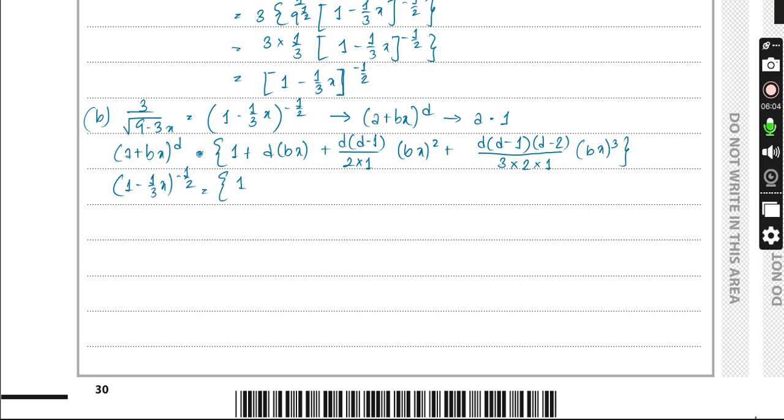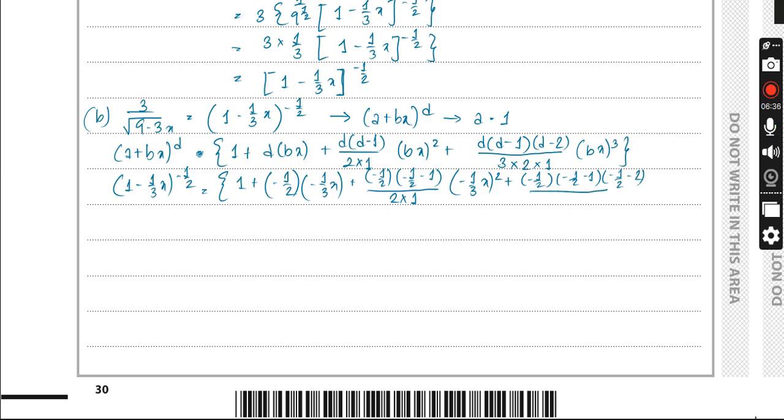So this would be 1 plus d, which is minus half, and b is minus 1 by 3x, plus d is minus half multiplied by (minus half minus 1) divided by 2 multiplied by 1, and b is minus 1 by 3 x squared, plus d is minus half multiplied by (minus half minus 1) multiplied by (minus half minus 2) divided by 3 multiplied by 2 multiplied by 1, or you can just write it as 3 factorial.